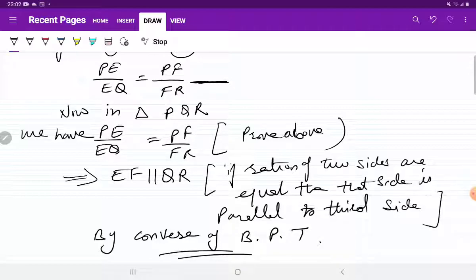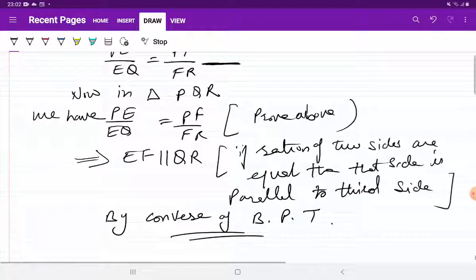What does the converse of the basic proportionality theorem state? If the line joining points on two sides divides them in the same ratio, then it is parallel to the third side. Got it? This is your converse of Thales theorem.